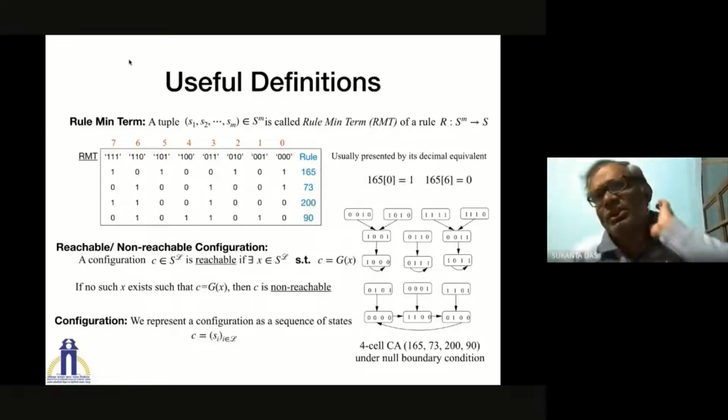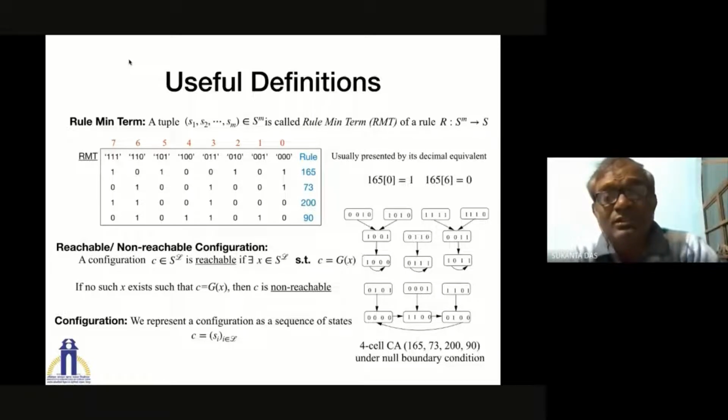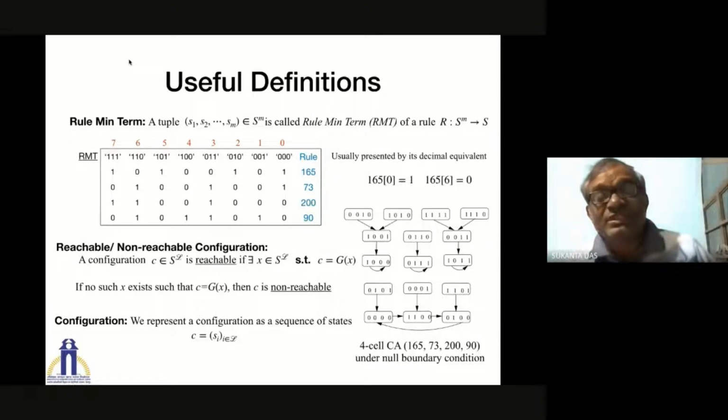Just a different way of looking at configurations, and by configuration we shall mean the sequence only. Especially while we discuss one-dimensional CA, we like to represent the configuration in this way: the sequence of states assigned to cells of the CA.